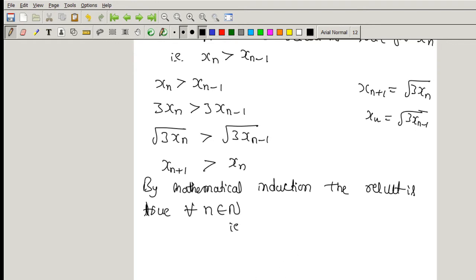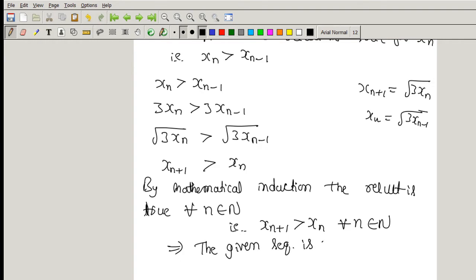That is, xn plus 1 is greater than xn for all n belongs to N. This is the condition of a monotonically increasing sequence. This implies the given sequence is monotonically increasing.